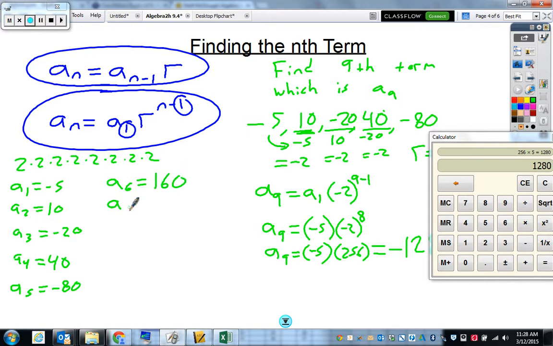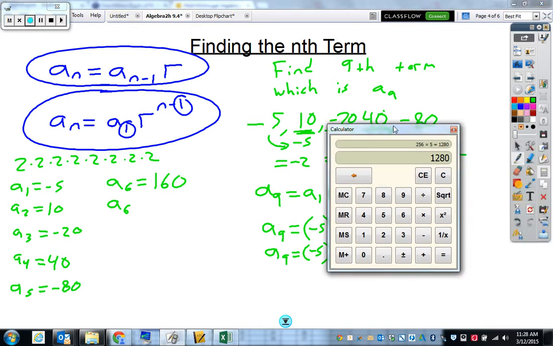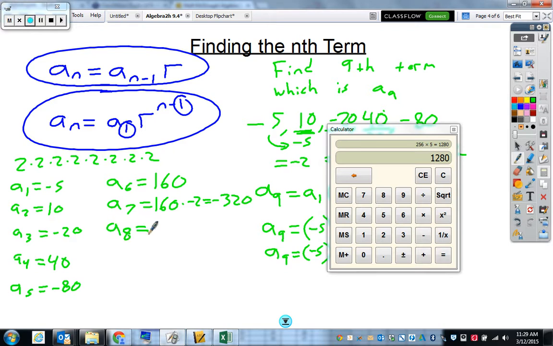Multiply that times negative 2 for a sub 7: negative 320. A sub 8 is negative 320 times negative 2, which would be positive 640.